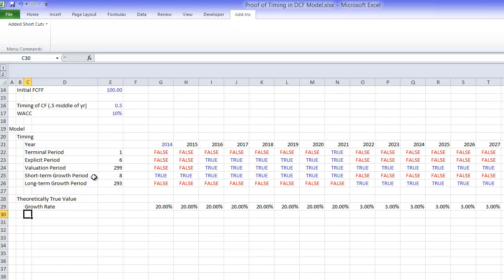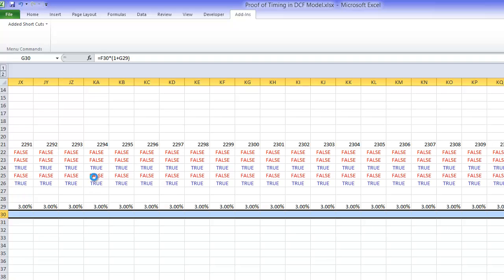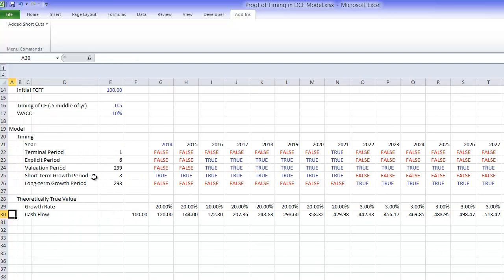Okay, and so now we'll put in the cash flow. This is our true cash flow that occurs forever. You know, I suppose I should have really discussed the whole business of a corporate model, which is supposed to be a model of a corporation.